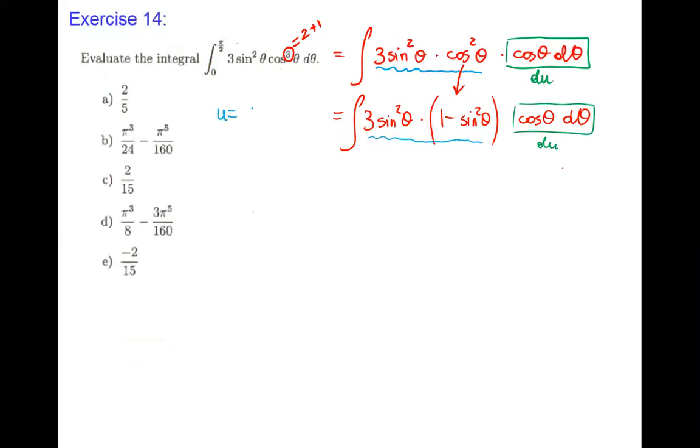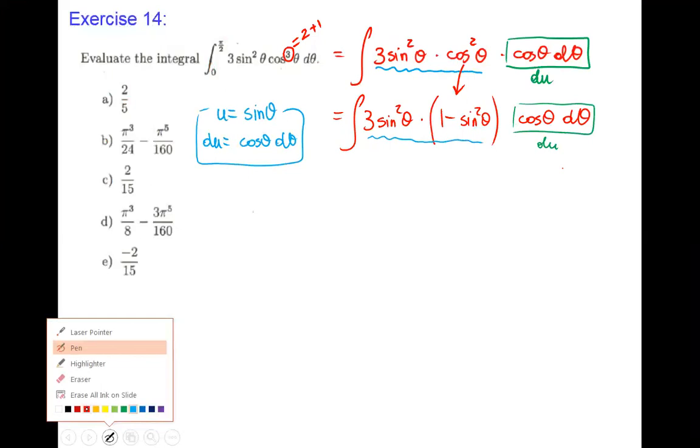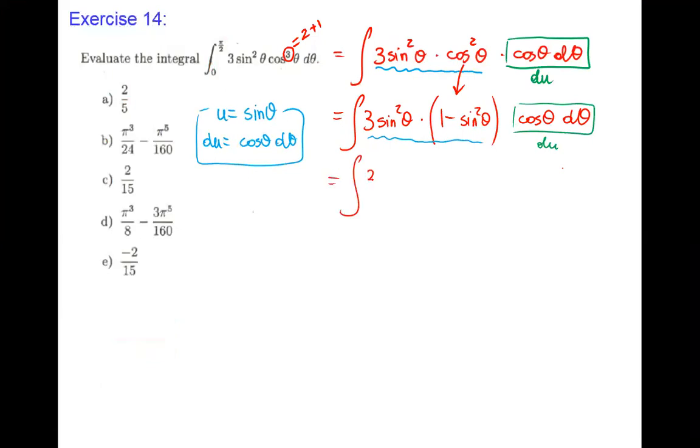I will let u be sine theta. du is the derivative of sine, cosine theta d theta. Okay, sine theta is u, so 3u squared times 1 minus u squared.